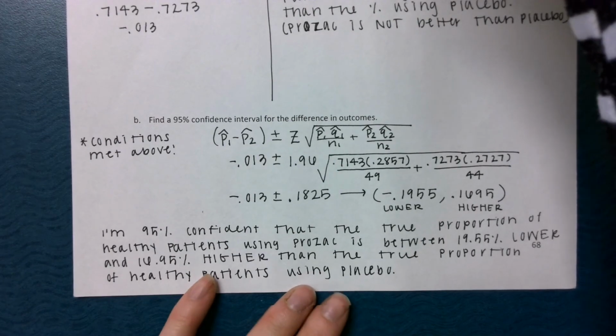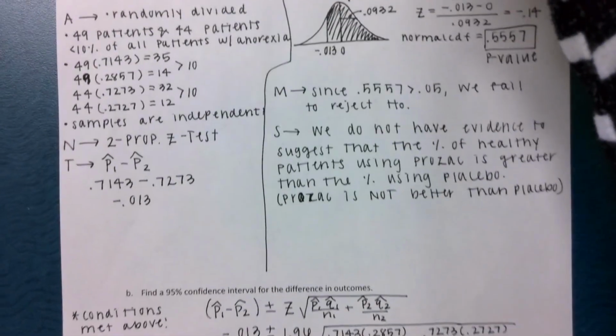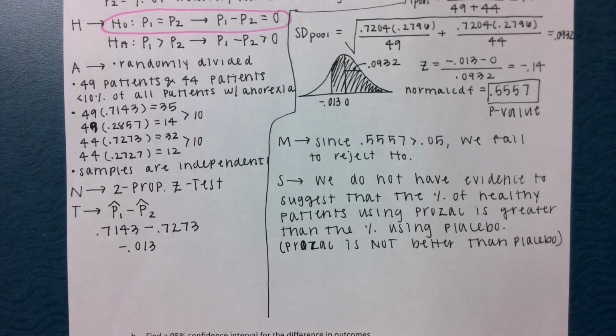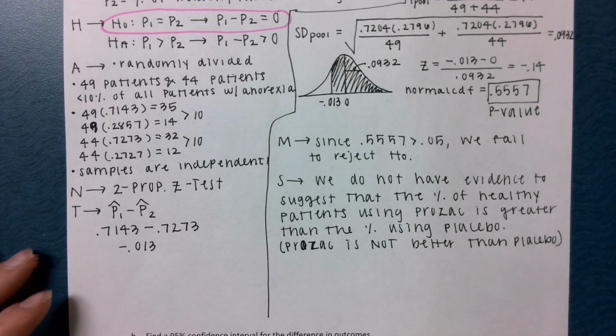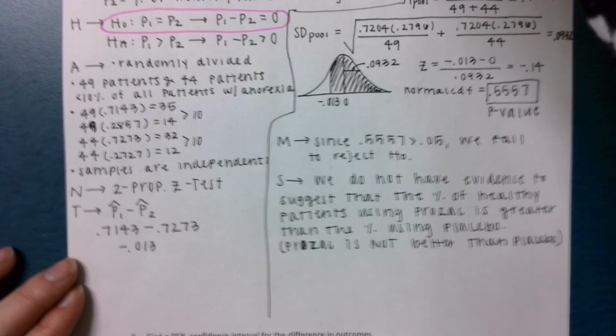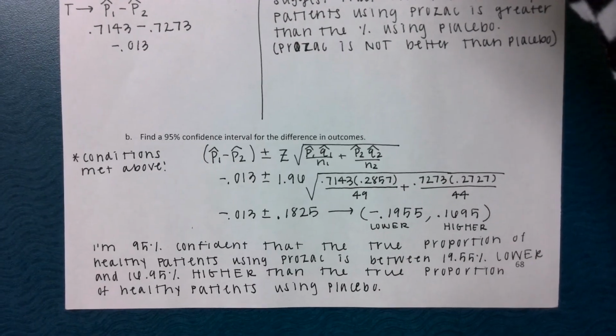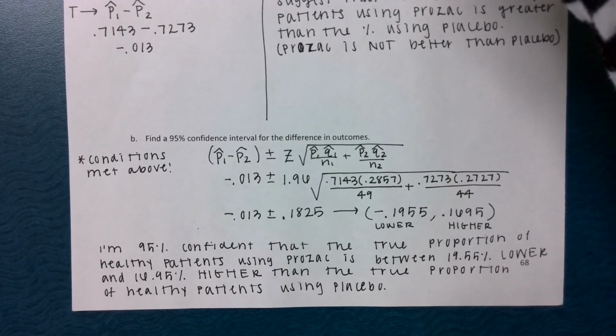But that does match exactly what I said in my hypothesis test. In my hypothesis test, I said we don't have evidence that Prozac is any better than the placebo. So when I get down to that confidence interval, I should have one that's lower and one that's higher because I don't have evidence that Prozac is any better.